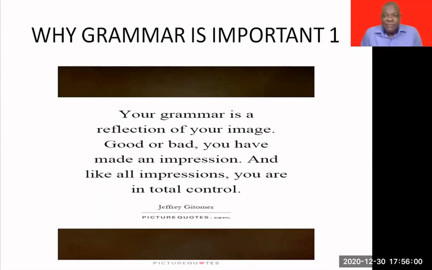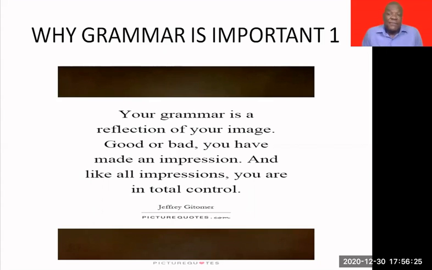If your grammar is bad, it gives a bad image of you. If your grammar is good, it gives a good image of you. So grammar enables you to create a positive impression, to make a positive impact on your listeners, those who listen to you.